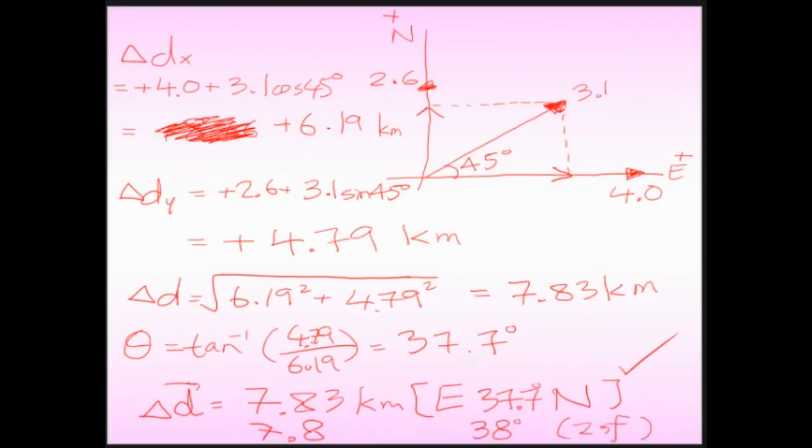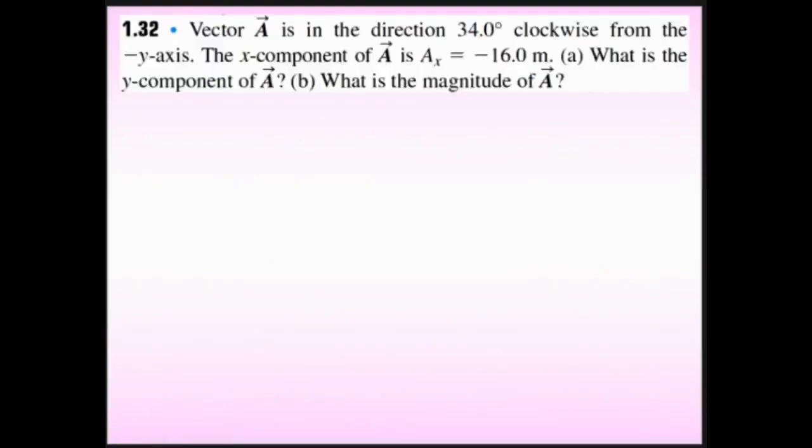Nice. Good. Okay. By the way, these are the kind of questions that Miss Musa is going to give you in the last part of vector calculus and vectors. Question just like this. Vector A is in the direction 34 degrees clockwise from the, no, from the negative y-axis.